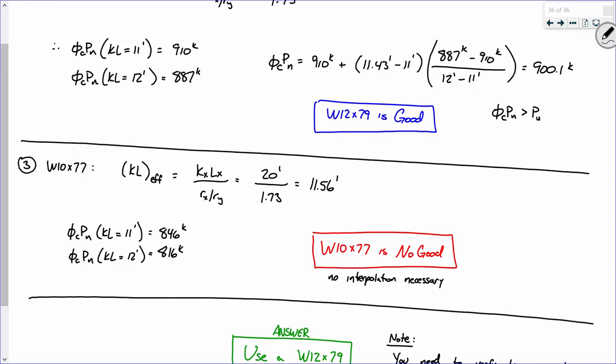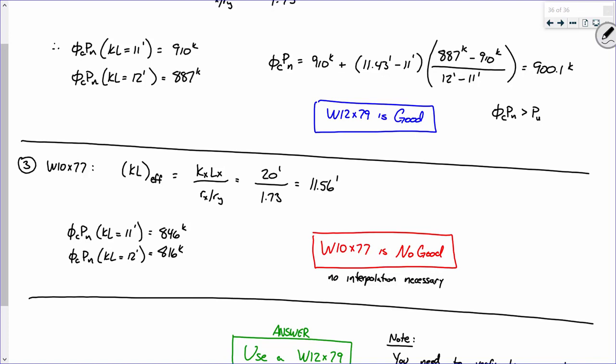So if you do the math using section E3, as you said, we're linearly interpolating, so there's a little bit of inaccuracy, but it should be close to 900.1. It should be maybe 900.3 or 899.9 or something like that. But we know that it's done correctly.